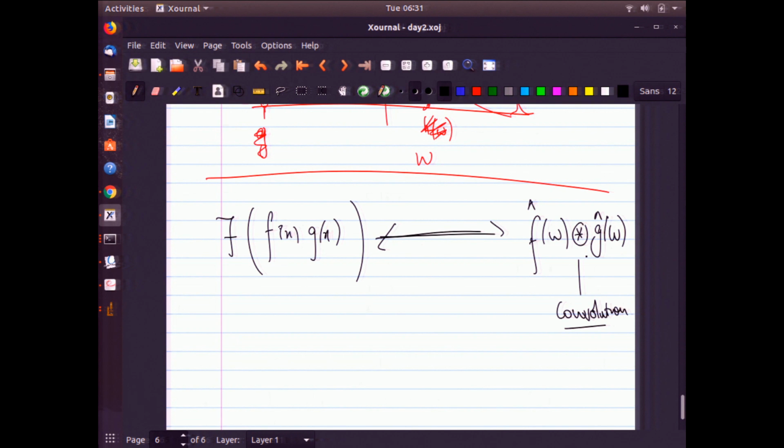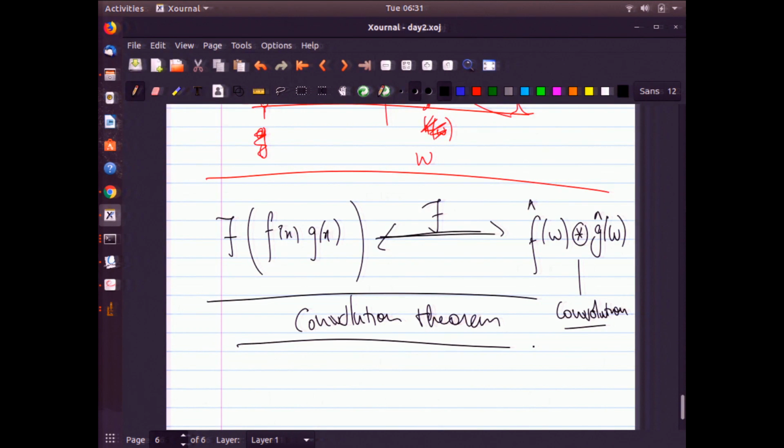People have different notation, right? So these two now form a Fourier dual: f times g and f hat convolved with g hat. This is called the convolution theorem, what we sort of derived. And it has very nice properties. So what we say is when there's a multiplication in the primal, there is a convolution in the dual, in the Fourier domain.